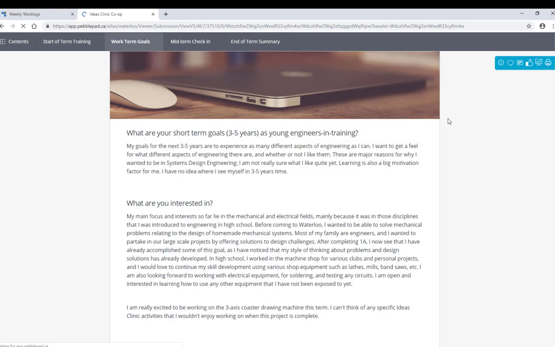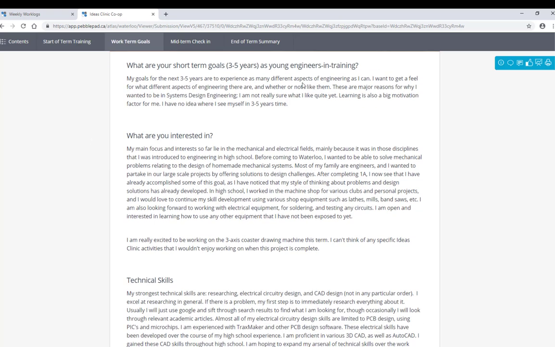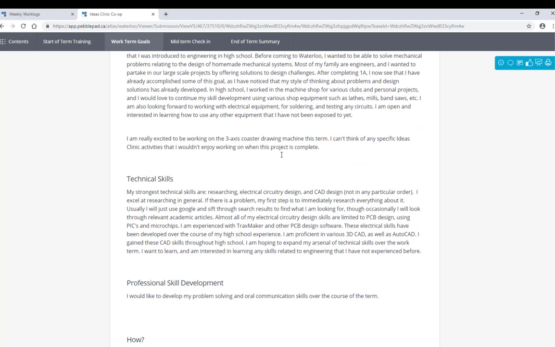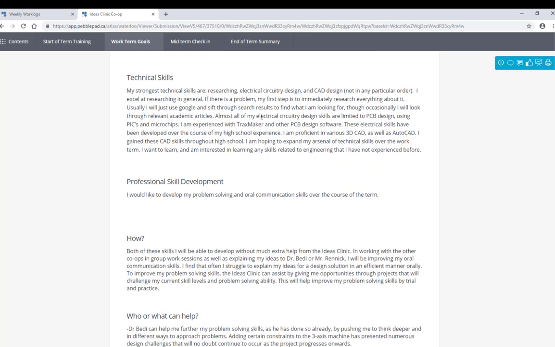This template was used for them to set their work term goals, their short-term goals, and goals 5 years out, so just after they graduate, basically. I wanted to capture their interests, so as I assign tasks and jobs to these students, I know where their interests lie. I also wanted to see where they thought their skills were, both technical skills and professional skills.